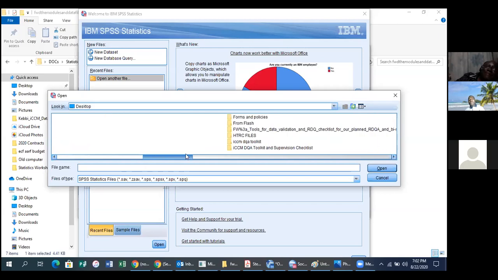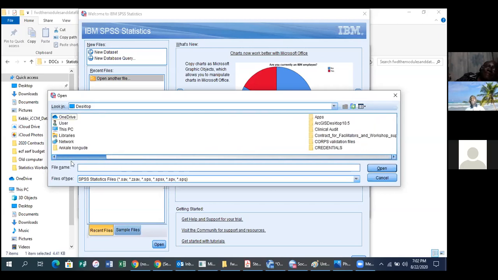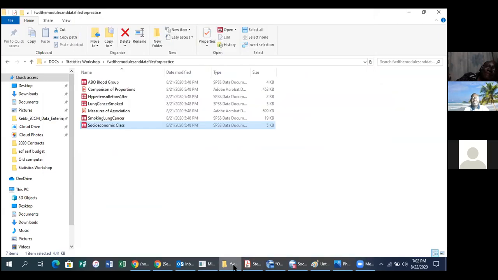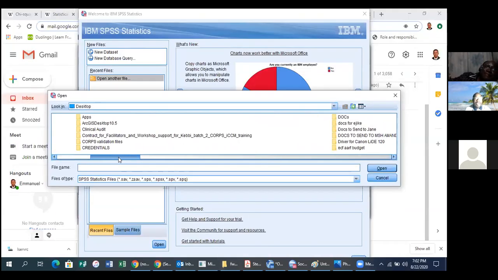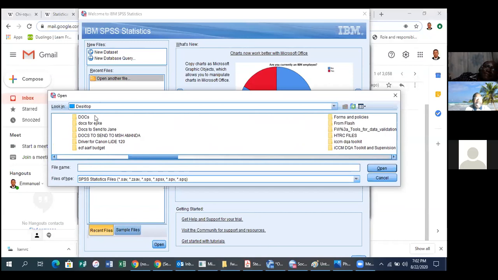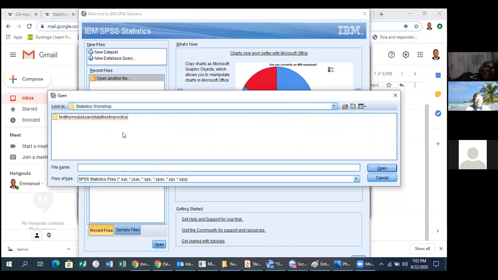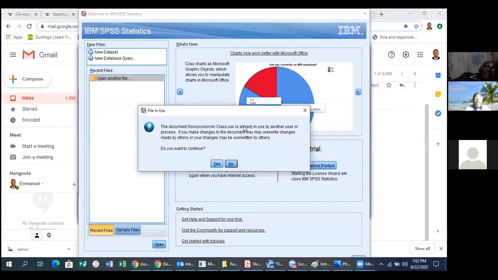Look for somewhere in your documents and put things there. Okay, go and click on it again. Socioeconomic status, double click. The document is already in use. You have opened it already, no wonder.